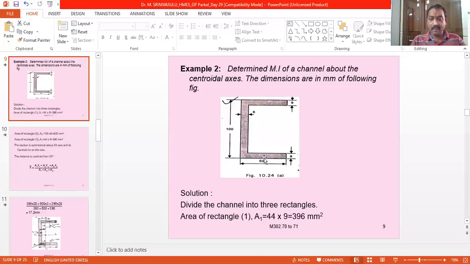So the bottom rectangle, rectangle 1, will have width 50 minus 6, that is 44, and thickness 9. So the area of rectangle 1, A1, is equal to 44 into 9, that is 396 square millimeters.